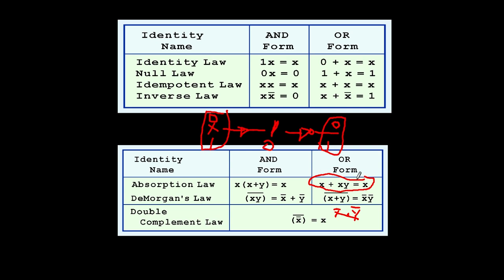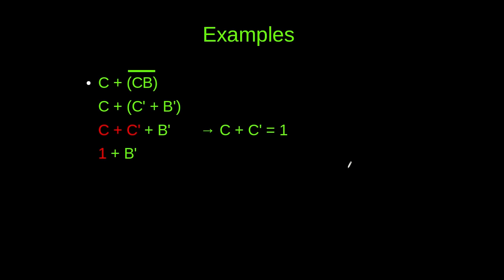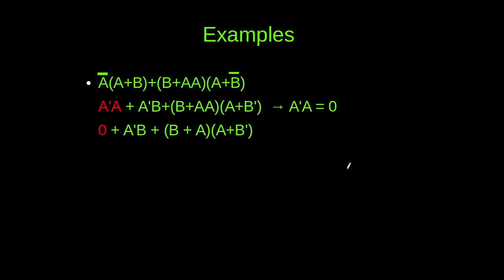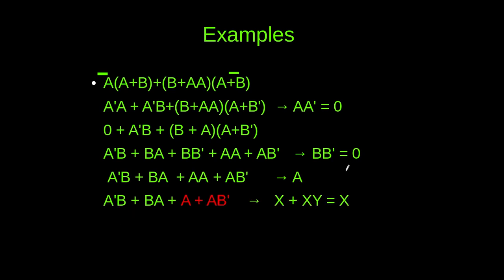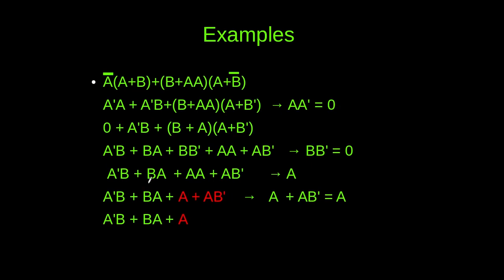X or xy equals x. AB or A is going to be A. AB or B is going to be B. Be careful. So this is going to give me A. Then I take it with this same BA or A. It's going to be A again.